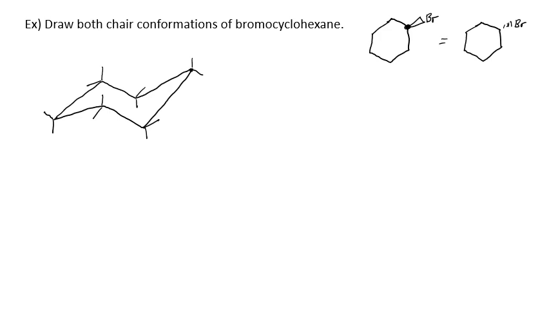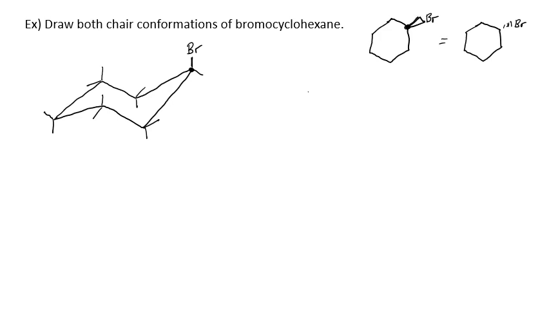We'll say that this is our carbon with the bromine. And because I have my bromine here written as a wedge, that indicates that it's on the top face of the ring. So let's put it here. I'm putting it in the axial position because I have a wedge drawn.